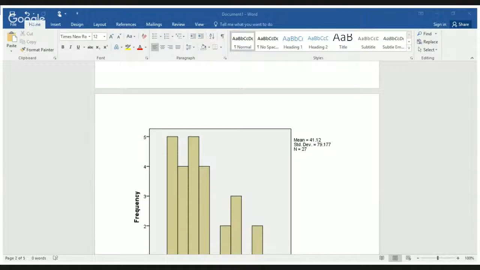For the first one, we're going to do 39.1 minus 39.3, which is negative 0.2. And then the next one is a positive 0.2, and then negative 0.4. Oh, come on.